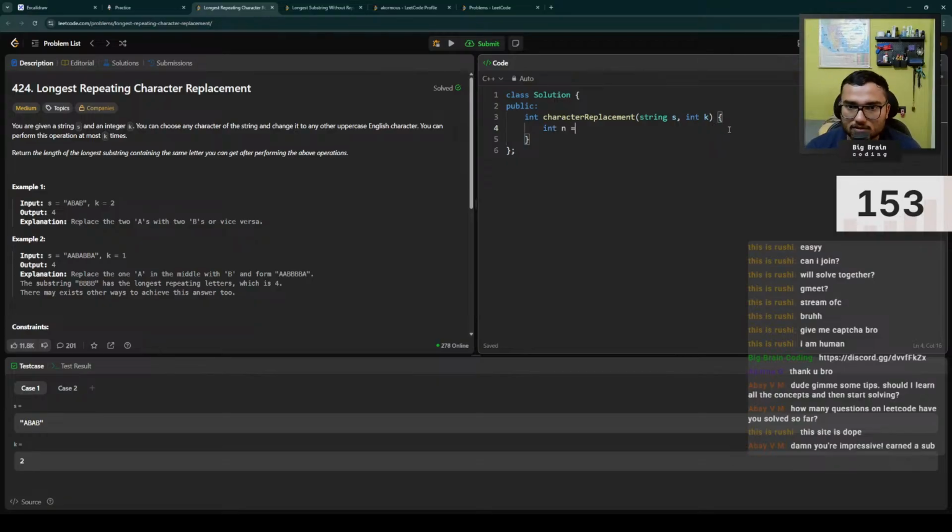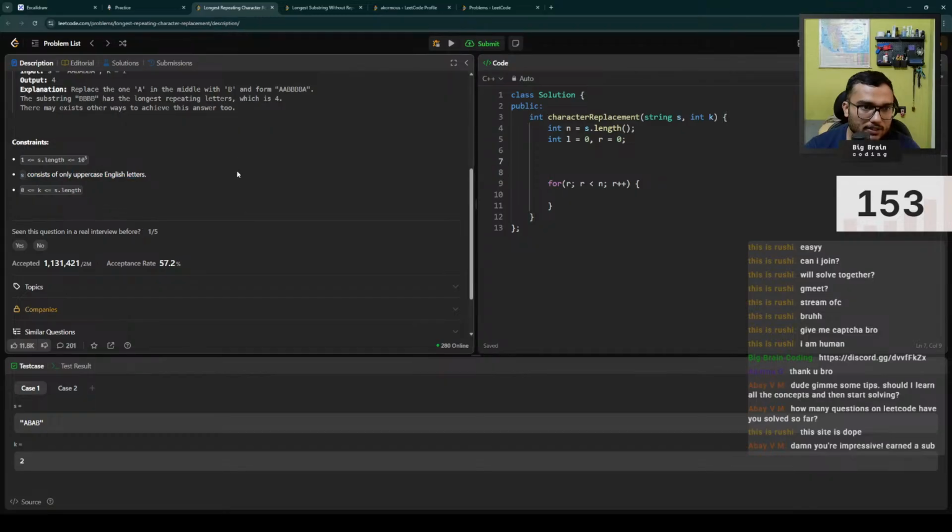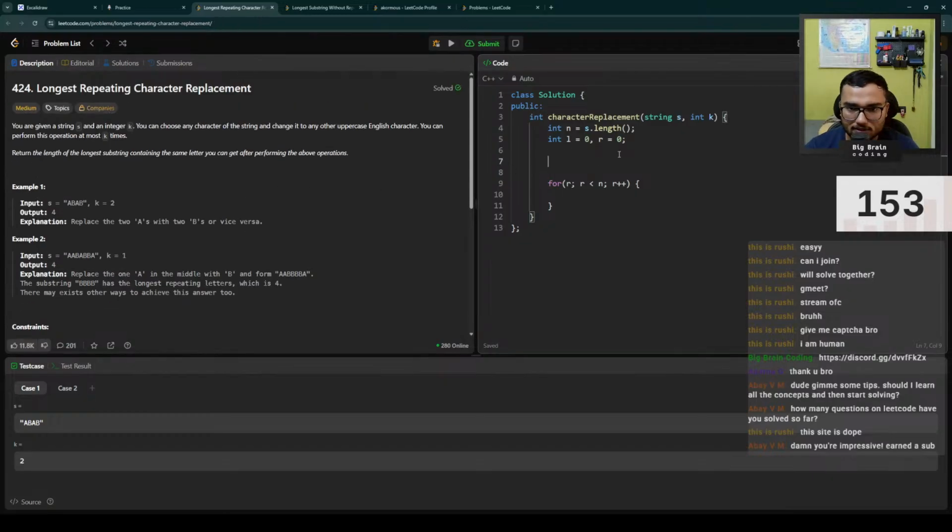Let's write this out. Int n equals s.length. Left equals 0, right is also 0. For r less than n, r++. Since this only contains uppercase English letters, we can get the frequency here. And you know what?